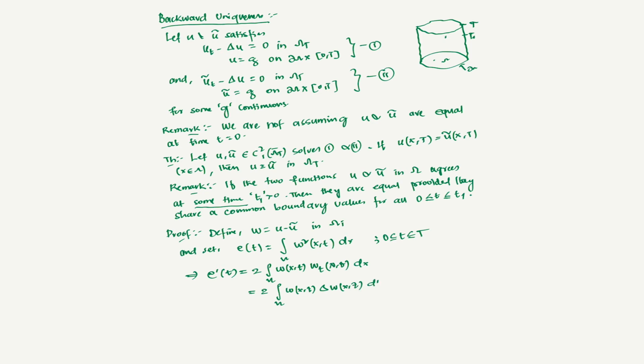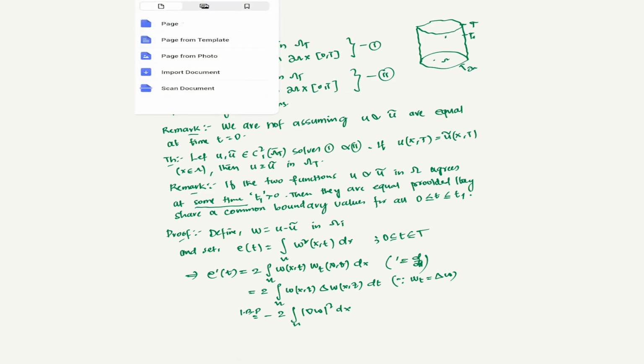After integration by parts, that will give you minus 2 times the integral over omega of gradient of w squared dx. I hope this is fine; we did this earlier also. Of course, the prime is d/dt with respect to time.